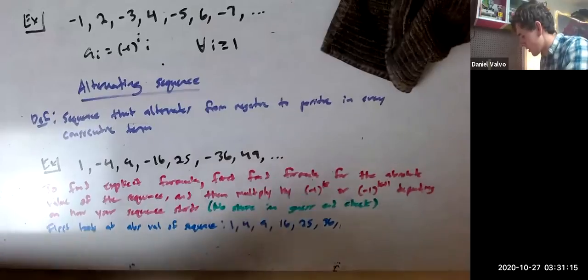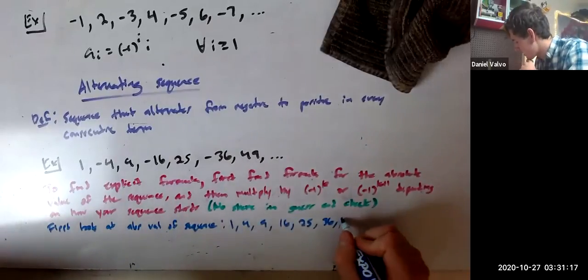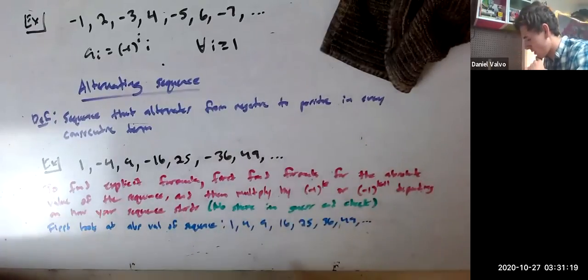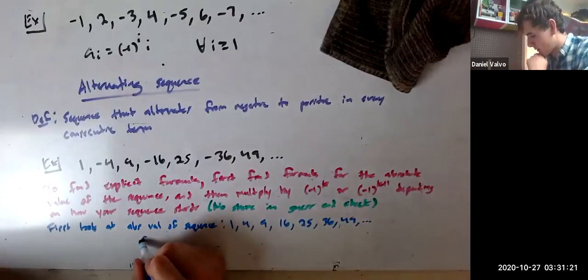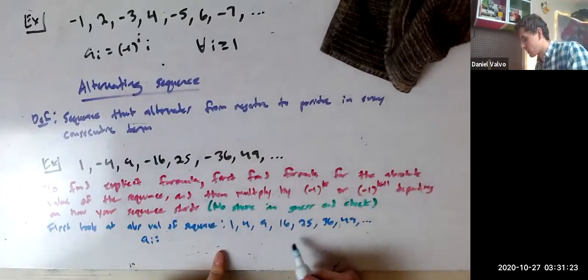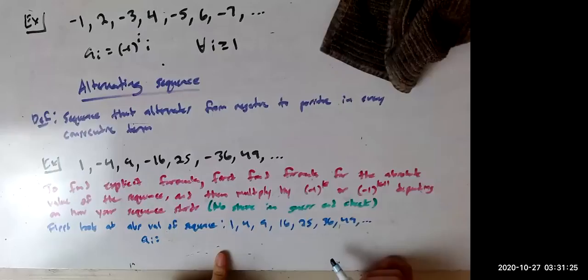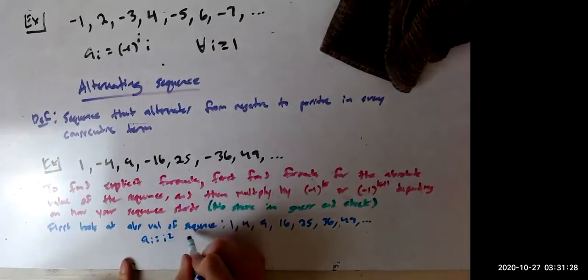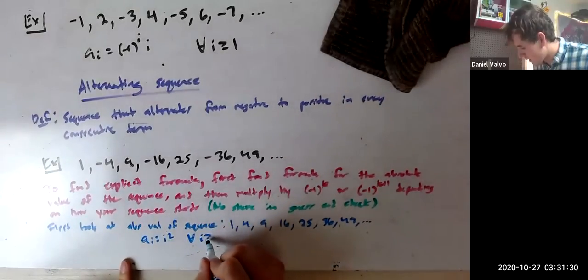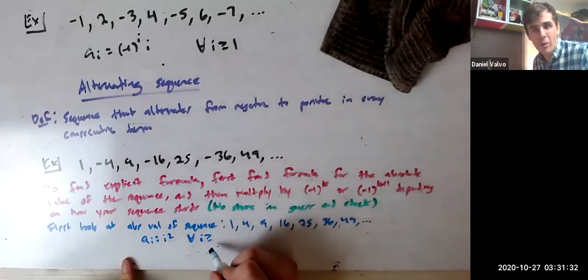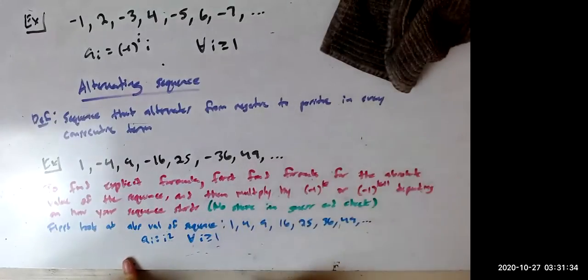There we go. 36, 49, on and on like that. And what's the explicit formula of this? I squared? Exactly, i squared for all i greater than or equal to 1. Exactly, starting at 1.